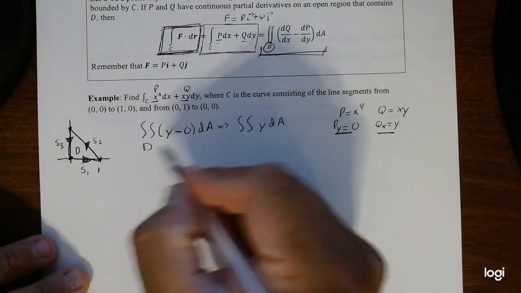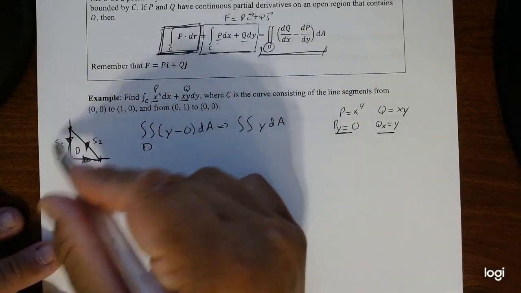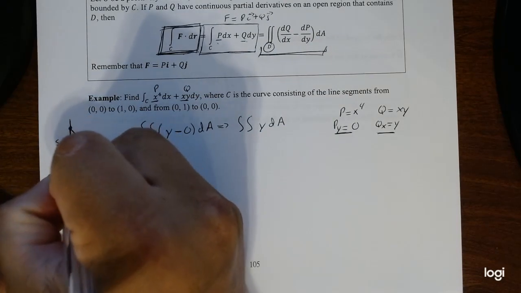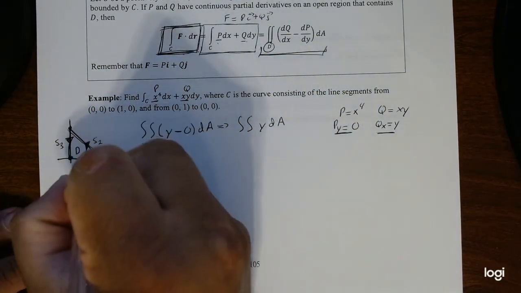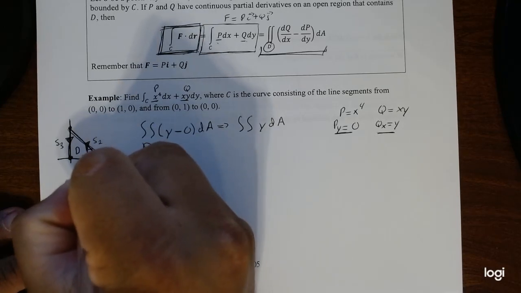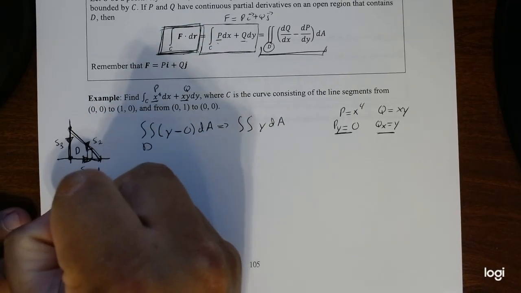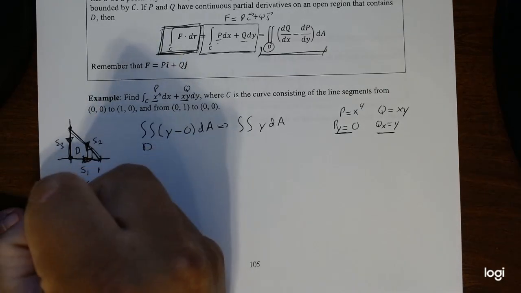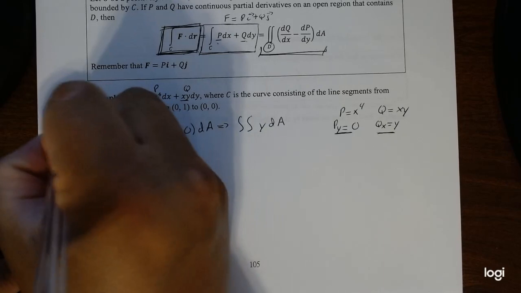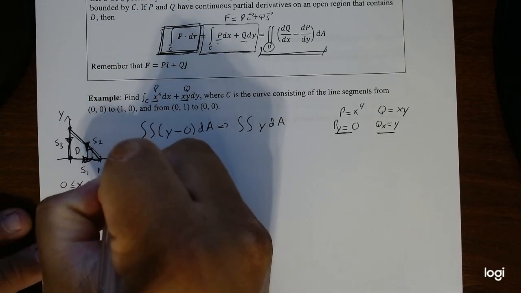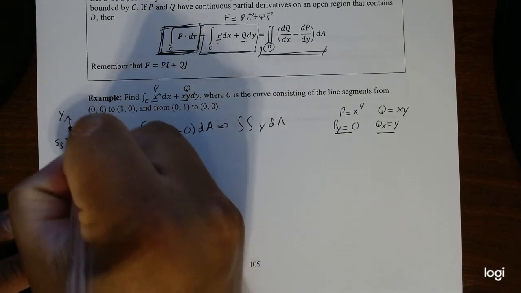Now we'll just find the bounds. So from that we go back to here. We have this triangle here. Remember, it's a double integration, so the easiest way is to go this way. Then x is going to be bounded between 0 and 1, and y is going to be bounded between 0 and this line here.